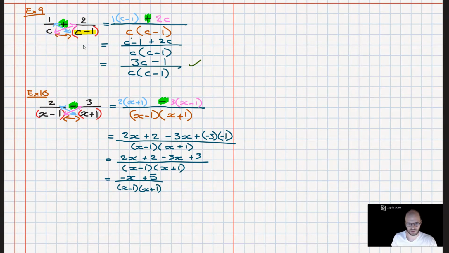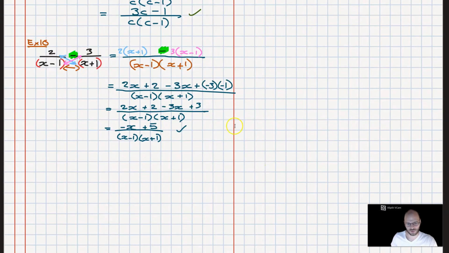Now if we want, we can leave it in this form here, and that's adequate. Or we can go for a cosmetic change, and what we can do is pull the negative all the way out the front, so it will become minus, and then the denominator will stay the same.